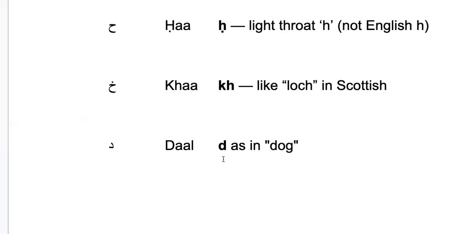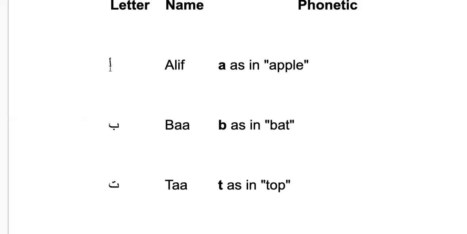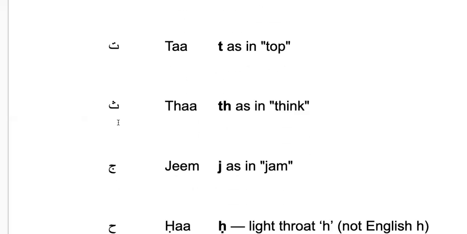I'm going to run through them all now. This is the letter Alif, and the sound it makes is A. This is the letter Ba, the sound it makes is B. This is the letter Ta, the sound it makes is T. This is the letter Tha, the sound it makes is Th.